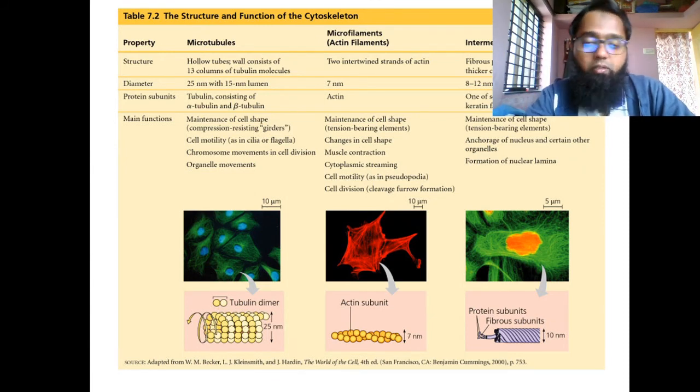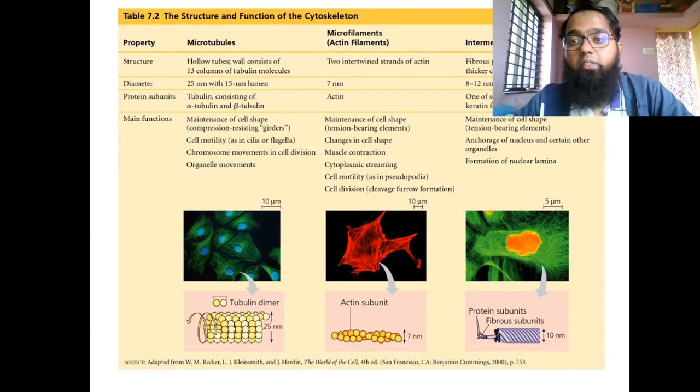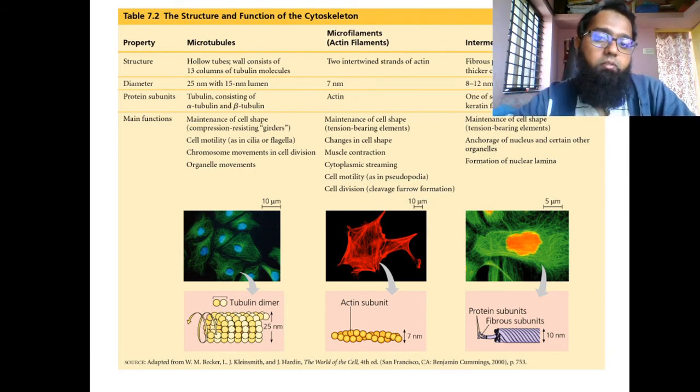The diameter is also comparable, very clearly visible on the screen. The protein subunits present in the microtubules are tubulin, alpha and beta tubulin. In the microfilaments it is actin protein. And in the intermediate filaments it is a different type of proteins found in the keratin family, that means generally proteins from the keratin protein family.